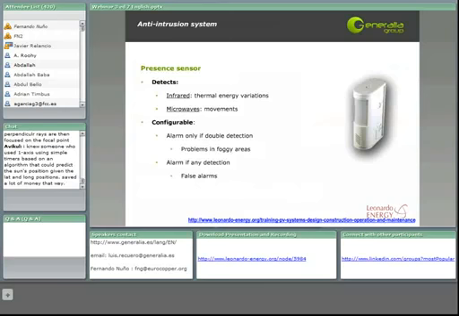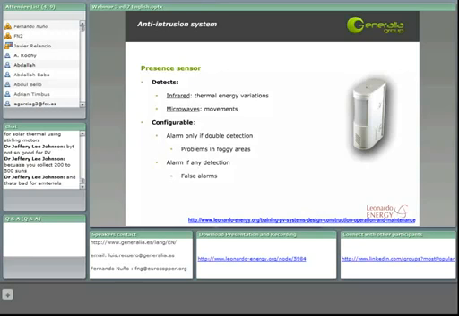Here we can find a presence sensor, which is the kind of device that you can see in this picture. It detects both thermal energy variations and movements because it integrates infrared and microwave technologies. These kinds of systems can be configured for detecting both the thermal energy variations and movements, being activated only if both of them are detected.